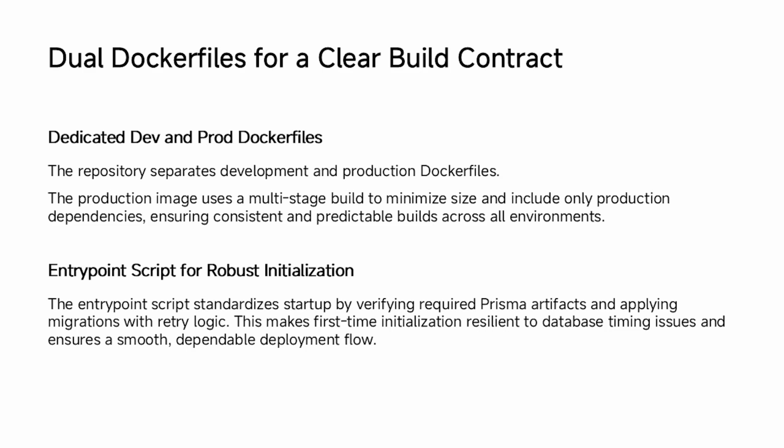During the build, we also generate the Prisma client inside the image, which helps keep the builds reproducible. At runtime, everything is initialized through an entrypoint script that checks for the required Prisma artifacts and applies the migration with simple retry logic. This makes the first startup more resilient to timing issues when the database comes online.